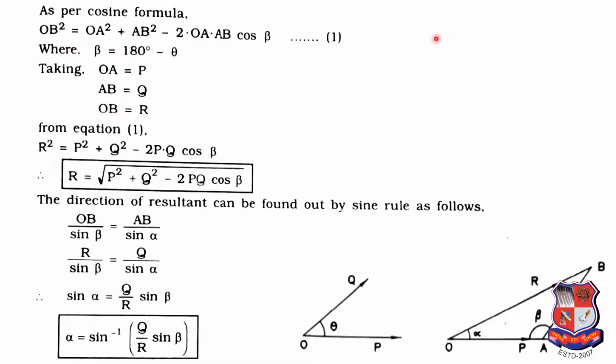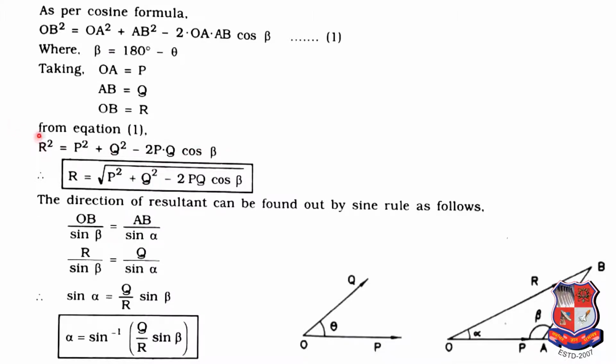In place of OB we take R. So R square is equal to P square plus Q square minus 2PQ cos beta. Please don't get confused: we considered OA as P, AB as Q, OB as R. We put that in equation number 1 and got R square equal to P square plus Q square minus 2PQ cos beta.